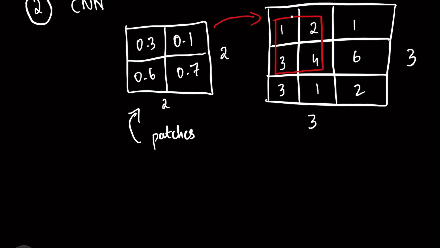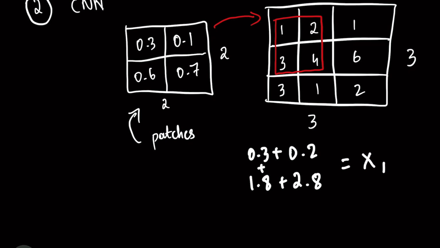Let's just multiply the values. So it becomes 0.3 into 1, which is 0.3. Then 0.1 into 2, so it's 0.2. 0.6 into 3, so 1.8. 0.7 into 4, 2.8. So we have these 4 values, and these 4 values will be added all together.